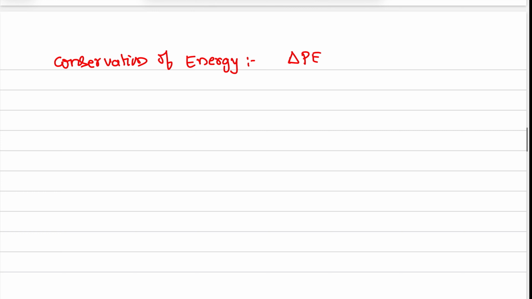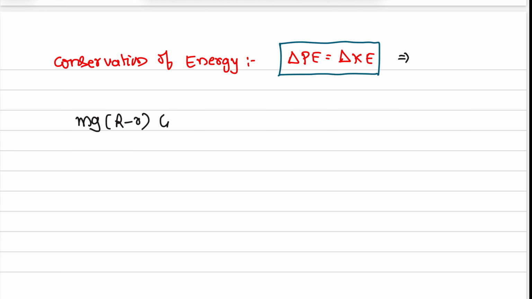Delta PE is equal to delta KE. Please remember this. From this principle, what we get is mg into R minus r into cos theta minus cos theta naught is equal to 7 by 10 into mv square.